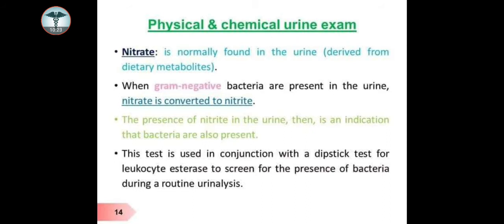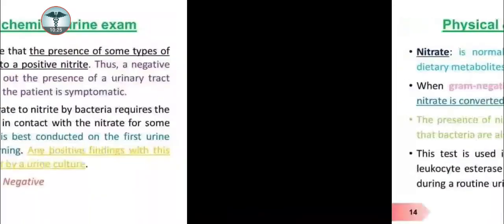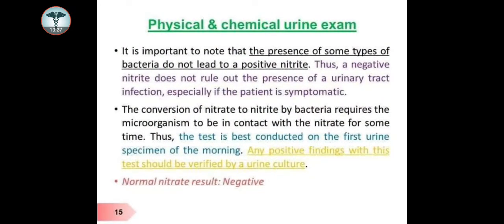During a routine urine analysis, it is important to note that the presence of some types of bacteria does not lead to a positive nitrite. A negative nitrite does not rule out the presence of urinary tract infection, especially if the patient is symptomatic. The conversion of nitrate to nitrite by the bacteria requires the microorganism to be in contact with the nitrate for some time.